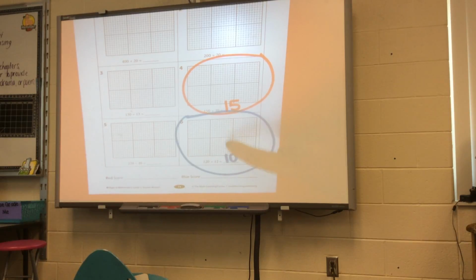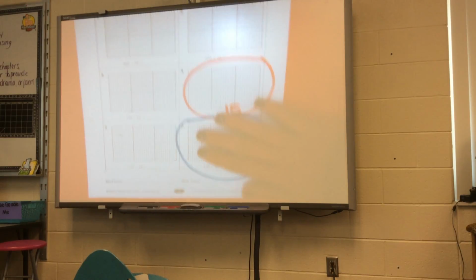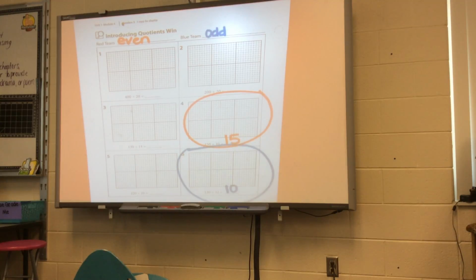And then my partner would also count up theirs, 10 plus whatever their other two numbers are, and write them here. Whoever has the highest score is the winner of the game. And that is how you play Workplace 1D Quotients Win.